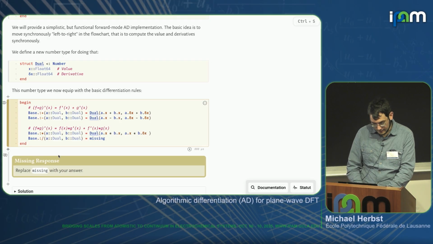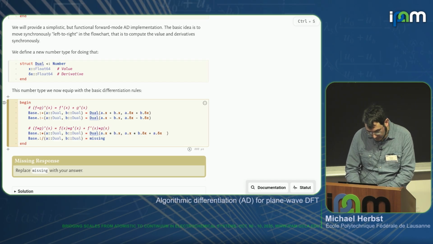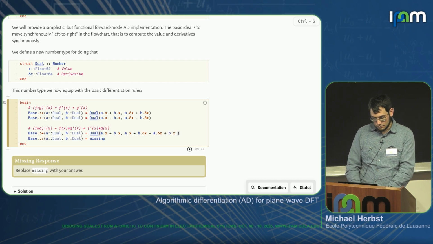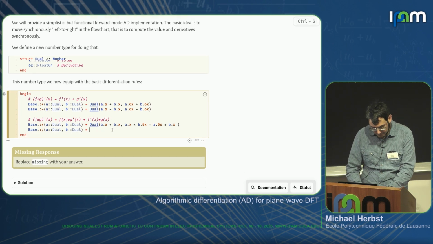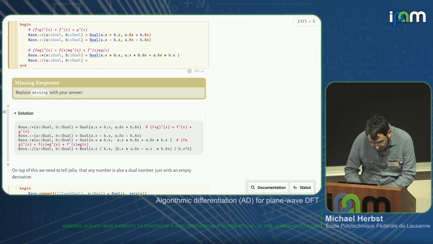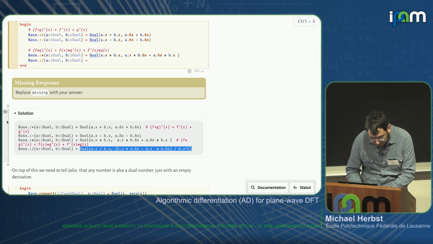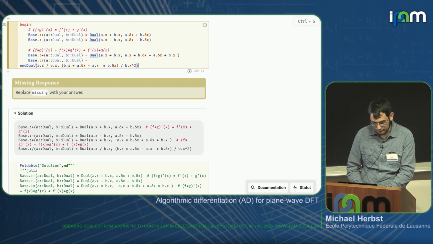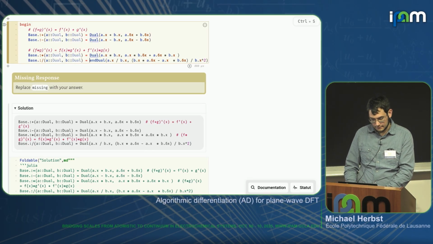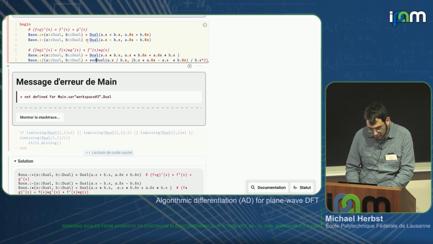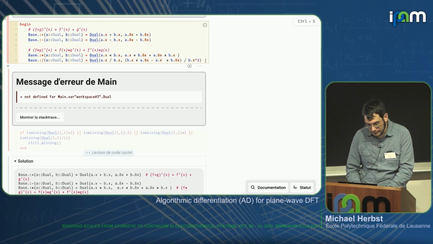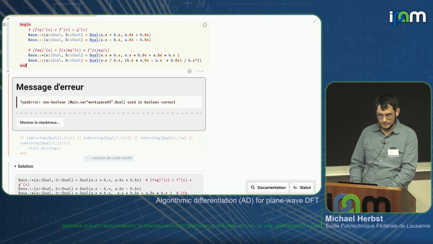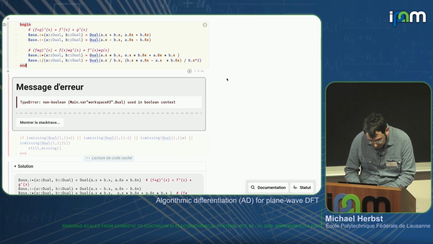So this is the f prime times the derivative of g here, plus the derivative of f times the value of g, and then the same thing for this. Because I really don't want to make a mistake, I'm just going to copy this from the solution, but I think you get the idea, right? So we just take the chain rule that we already know, and then we implement this on the level of these floating point numbers, okay?